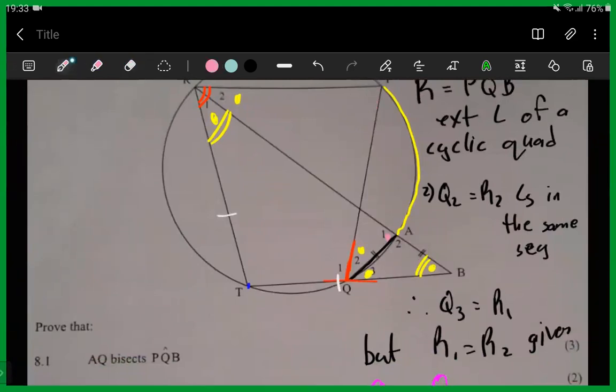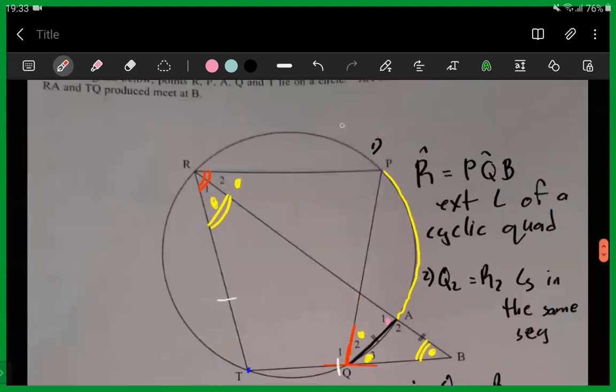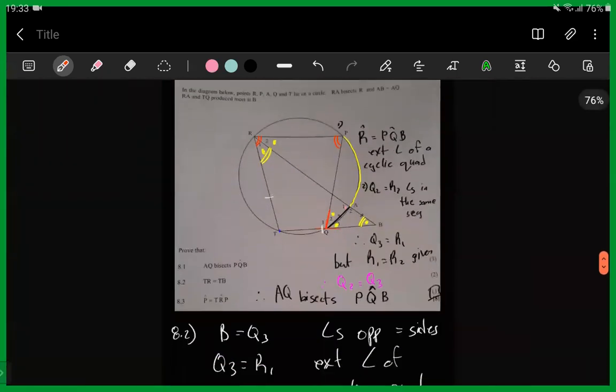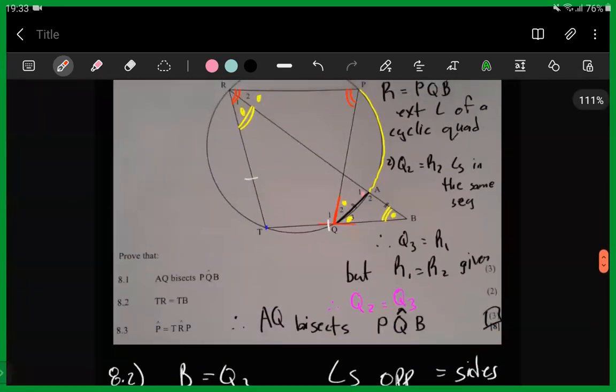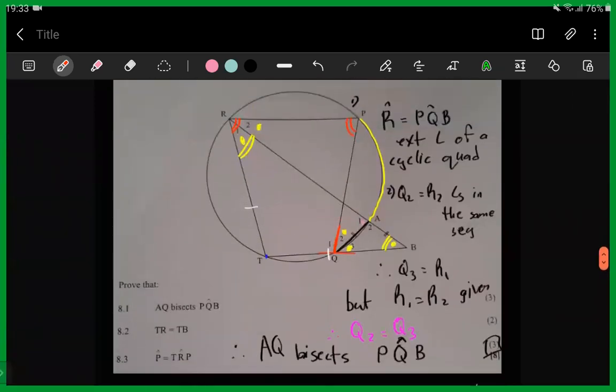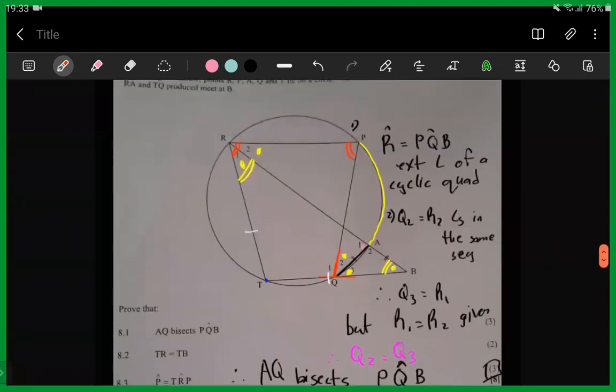So this P we should prove that it is equal to this R here. Fortunately, we already know that this R that they're talking about is equal to that one. So if this here is going to be equal to that, do you see that it also shows that we're dealing with parallel lines? How does it show that?